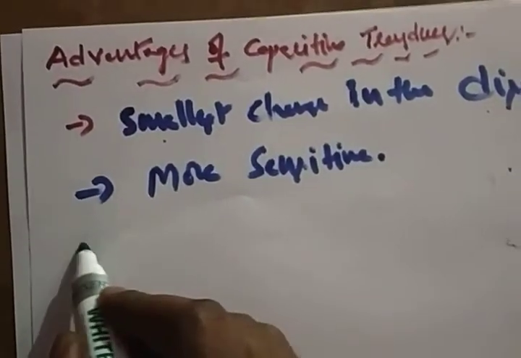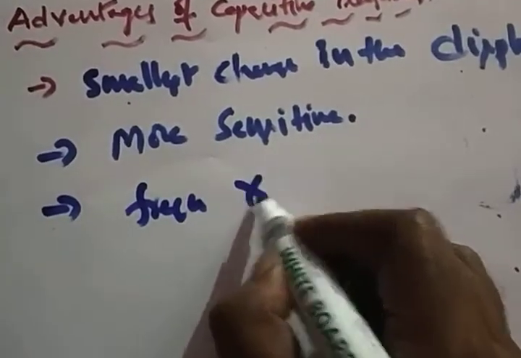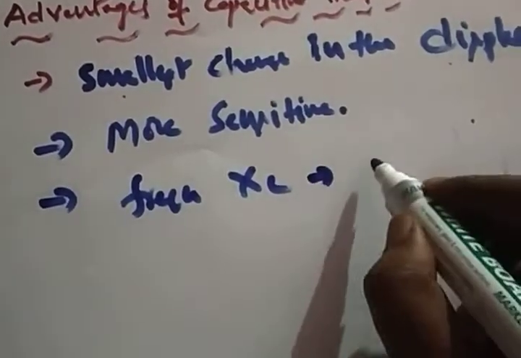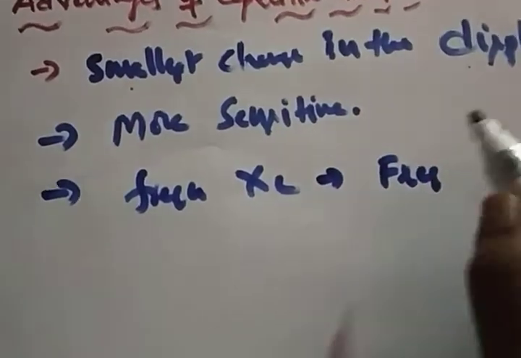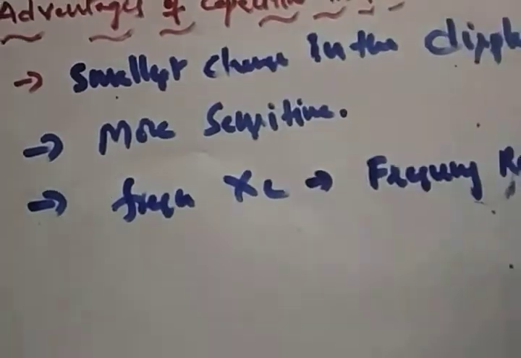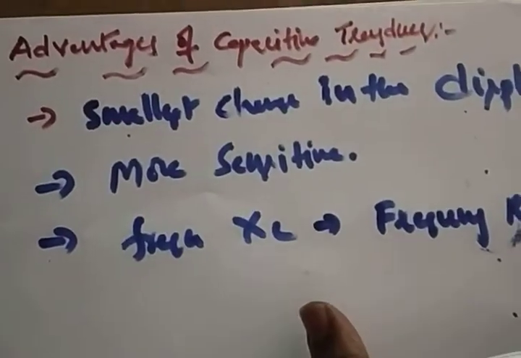In this type of transducer, you will have a frequency component, XC. This component is used to do frequency response analysis, so these capacitive transducers can be used in frequency response systems.